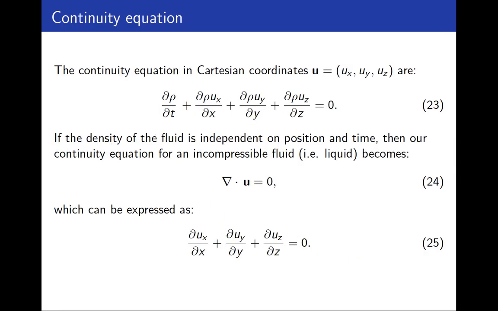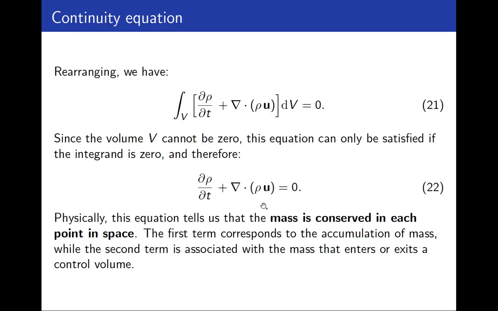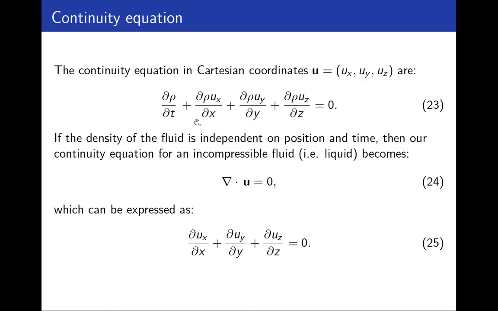So the continuity equation in Cartesian coordinates, where the velocity field has a velocity in the x direction, a velocity in the y direction, and a velocity in the z direction, can be expressed as this one. This is a scalar equation.